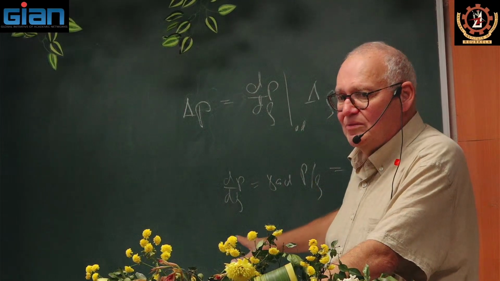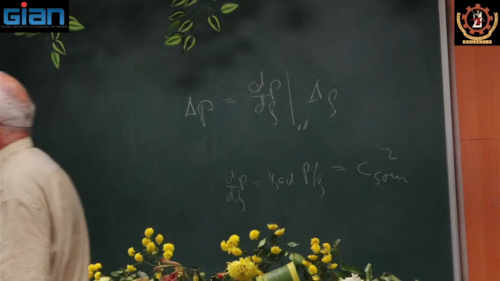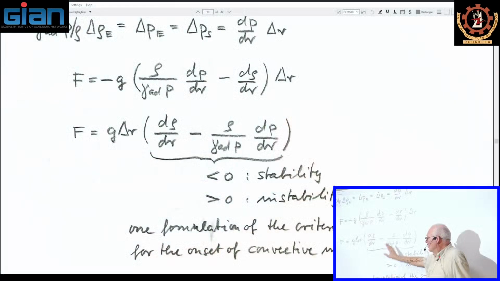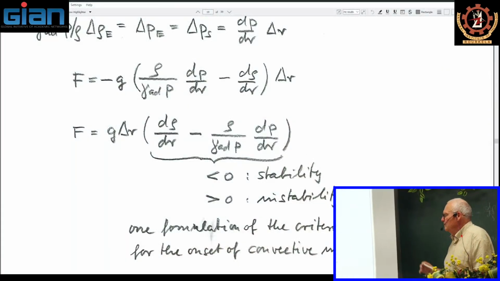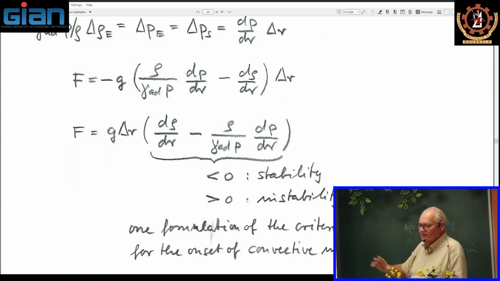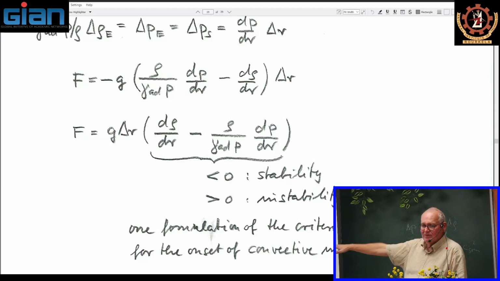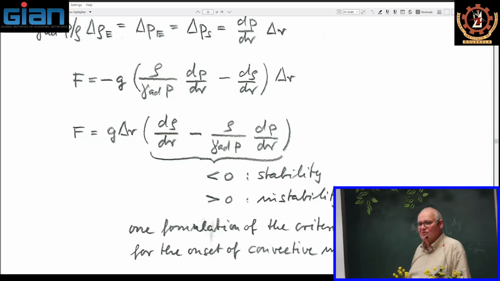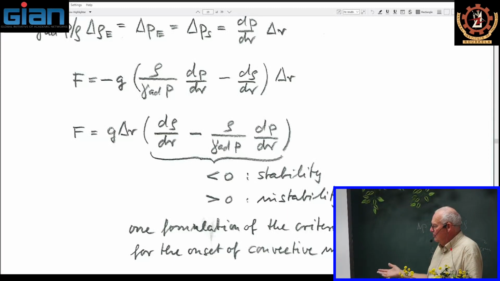So water behaves incompressibly, and therefore this factor in front of dp by dr will be small compared to the density gradient. So what we learn is that this criterion was derived on the basis that we consider compressible motion, which in the limit of incompressibility, namely high sound speed, reduces to the criterion appropriate for incompressible fluids, and we end up with Rayleigh-Taylor's criterion.